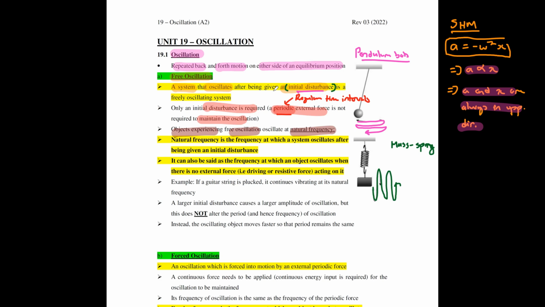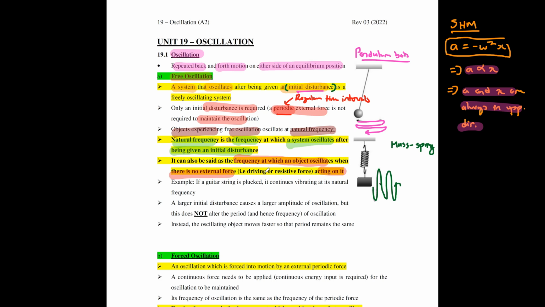Any free oscillation system, the moment it oscillates by itself after an initial disturbance, that frequency is called the natural frequency. So there are two different ways in which you can define natural frequency. The easiest definition is where you say natural frequency is the frequency at which a system oscillates after being given an initial disturbance. Or you could also say it is the frequency at which an object oscillates when there are no external forces acting on it.